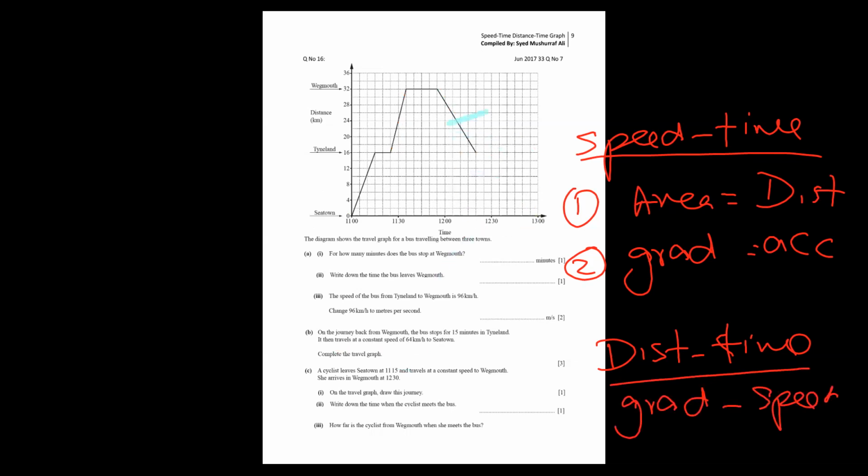Let me discuss the question first with you. In the last part, he's asking: a cyclist L leaves S at this time at constant speed to W, and arrives at W at 12:30. This is actually a different cyclist, not the same, maybe a different kind of graph. On the travel graph, draw this journey and write down the time when the cycle meets the bus and how far.